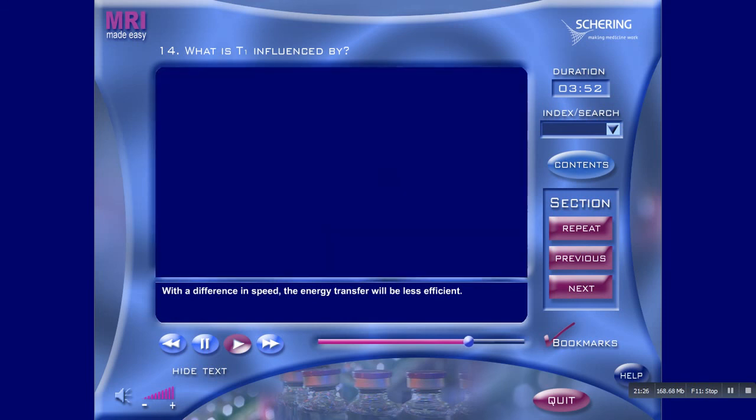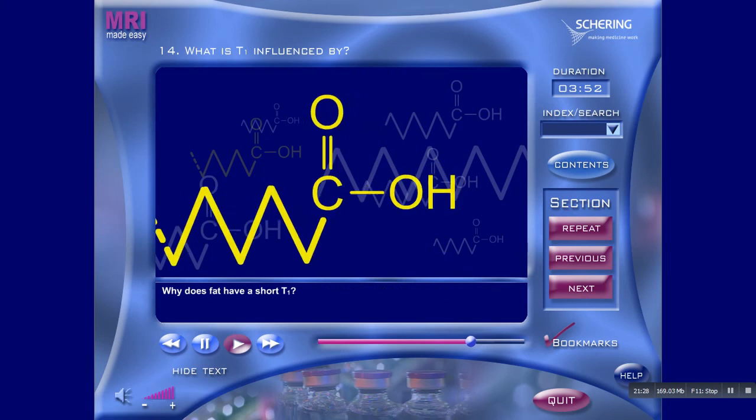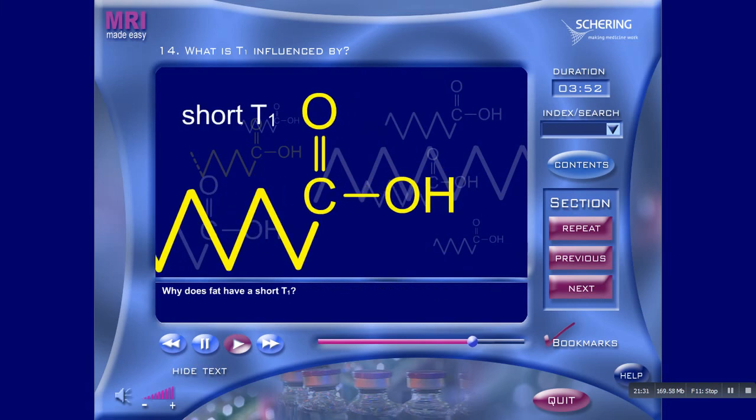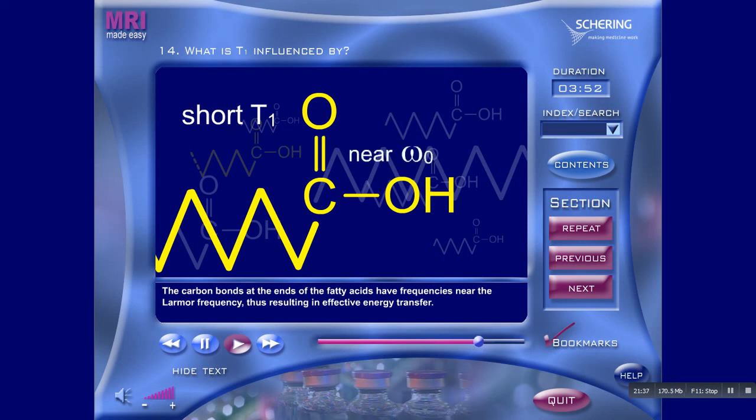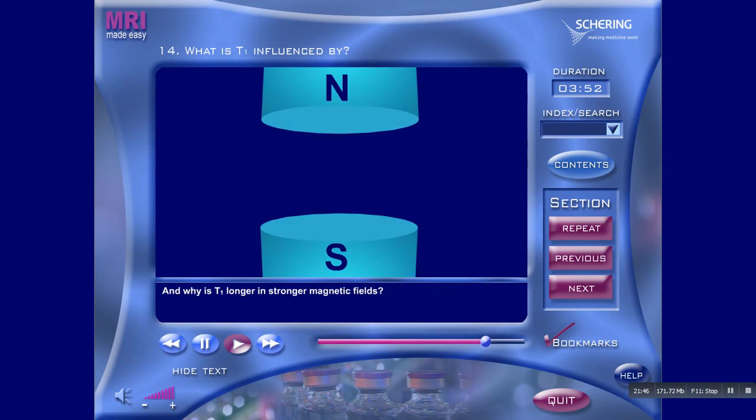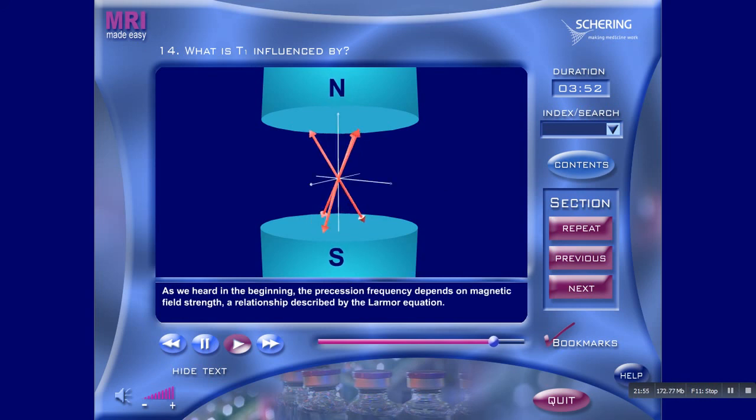Why does fat have a short T1? The carbon bonds at the ends of the fatty acids have frequencies near the Larmor frequency, thus resulting in effective energy transfer. And why is T1 longer in stronger magnetic fields? As we heard at the beginning, the precession frequency depends on magnetic field strength, a relationship described by the Larmor equation.